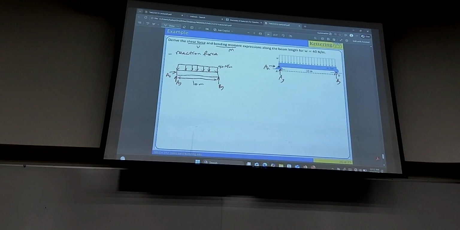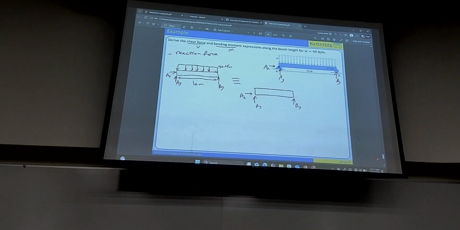All right, so first we do an equivalent, where the three-line equality symbol means equivalent, not just equal. We convert the distribution into a point load and leave every other point load intact.